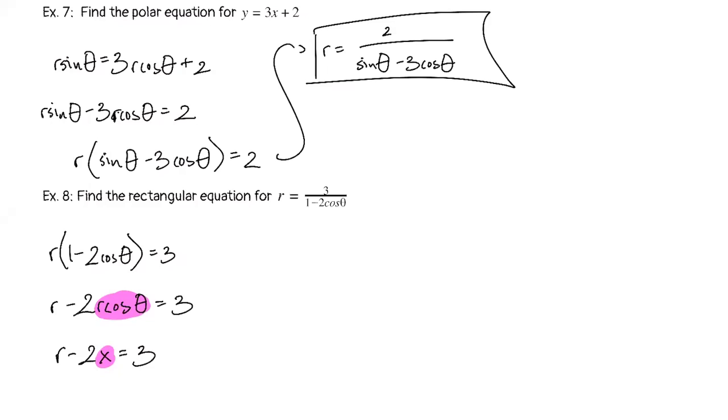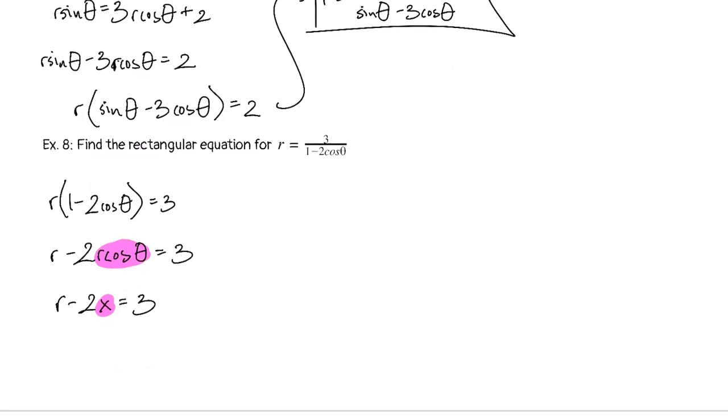I only can have x's and y's. Multiply by its reciprocal. If I multiply by its reciprocal, I'm going to get r's in other places. I mean, if I do that, I'll get 1 minus 2x over r equals 3 over r. So I still have an r. Would you plug in x plus y for r?